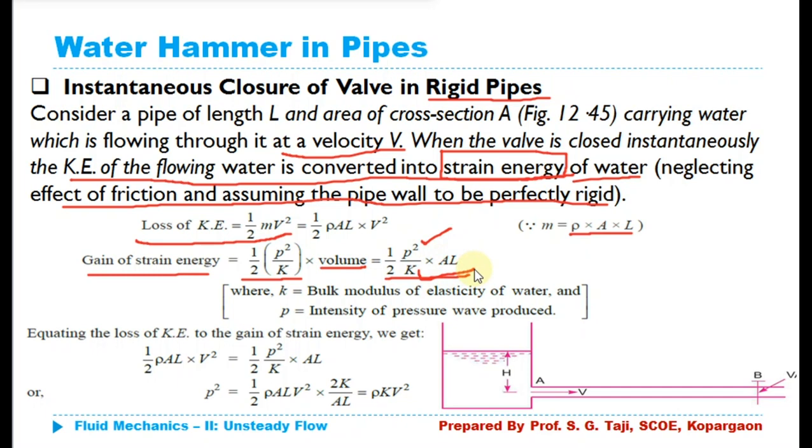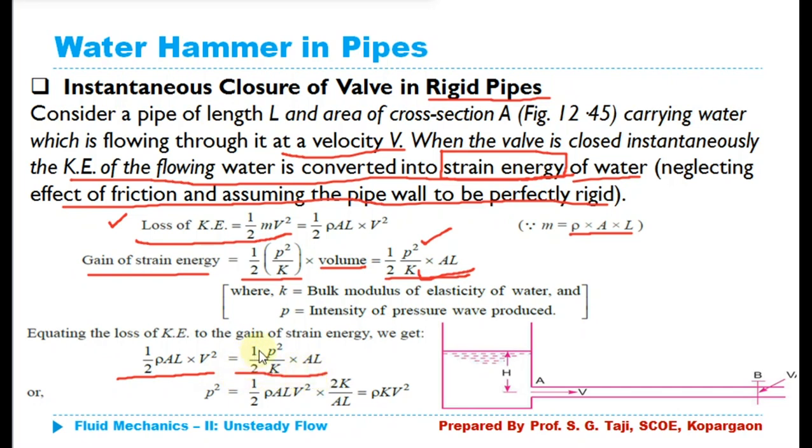Now whatever loss of kinetic energy takes place in this wave due to the sudden or instantaneous closure of the valve would be equal to the strain energy gained by the water. By equating those two equations, I get half rho AL multiplied by v square is equal to half p square upon k multiplied by AL.